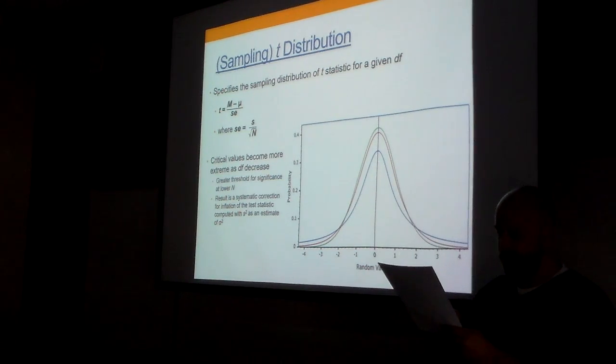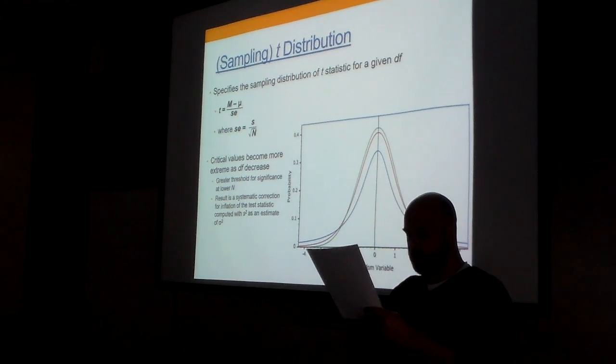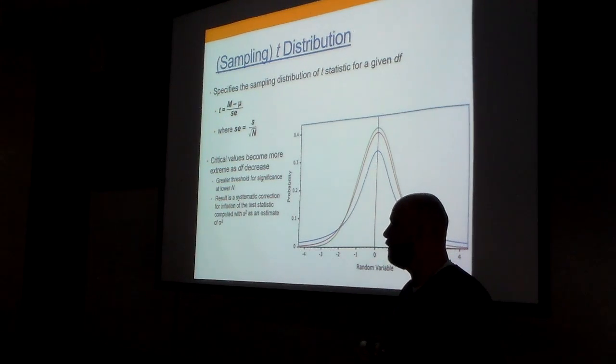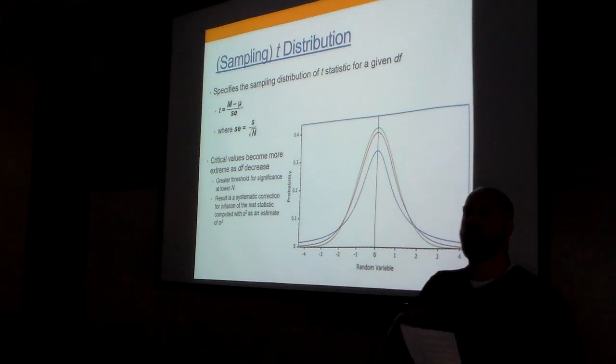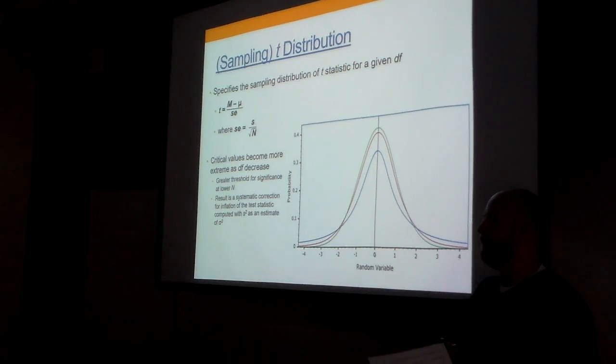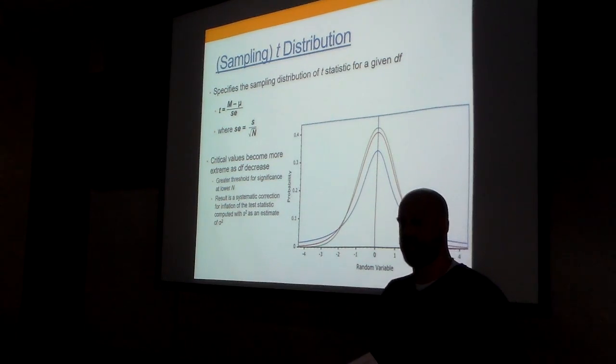Kate, what about, again, say alpha is 0.05, but let's say we have 30 degrees of freedom. What's our critical value? 2.042, right? We've got more degrees of freedom, which suggests we've got more people in our sample, which suggests that our sample variance is probably a better estimate of the population variance.